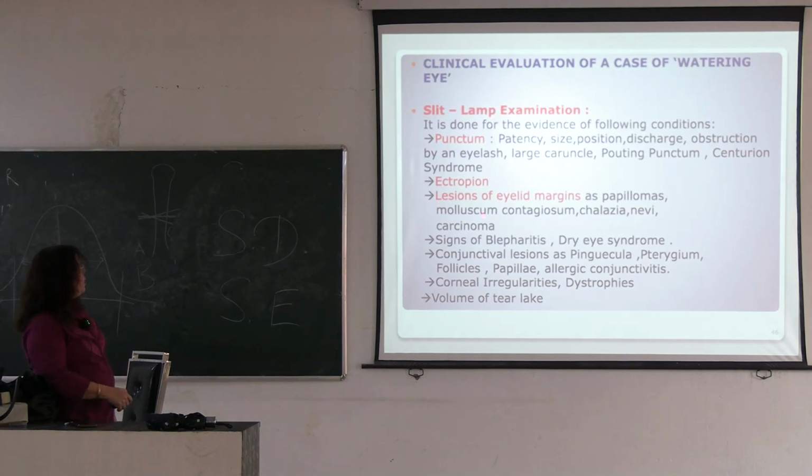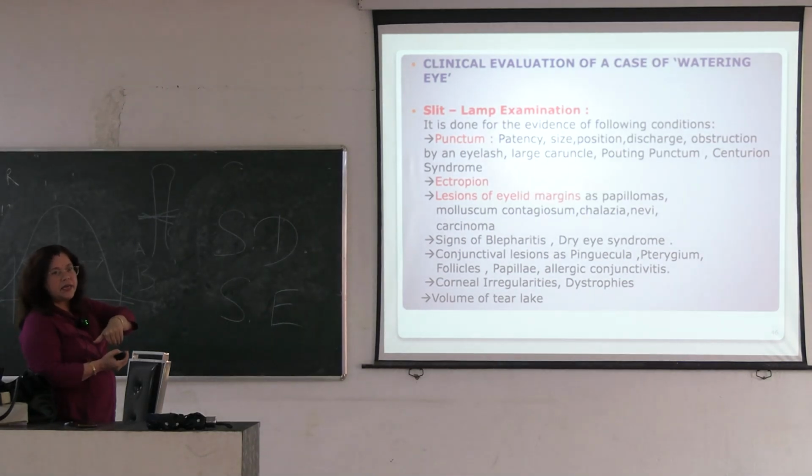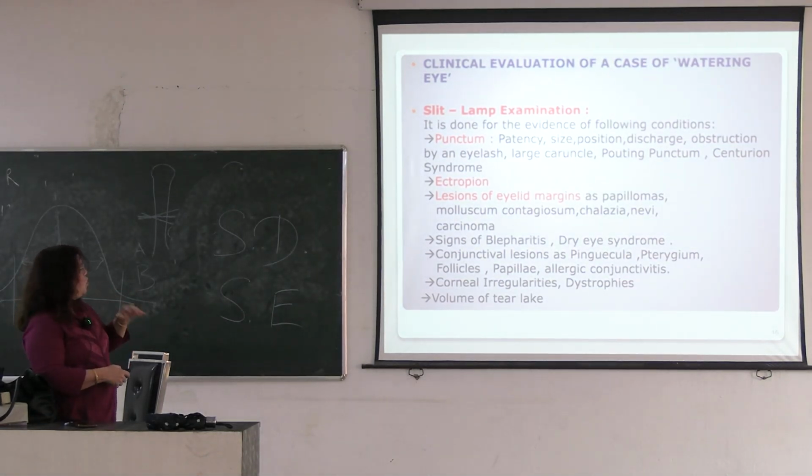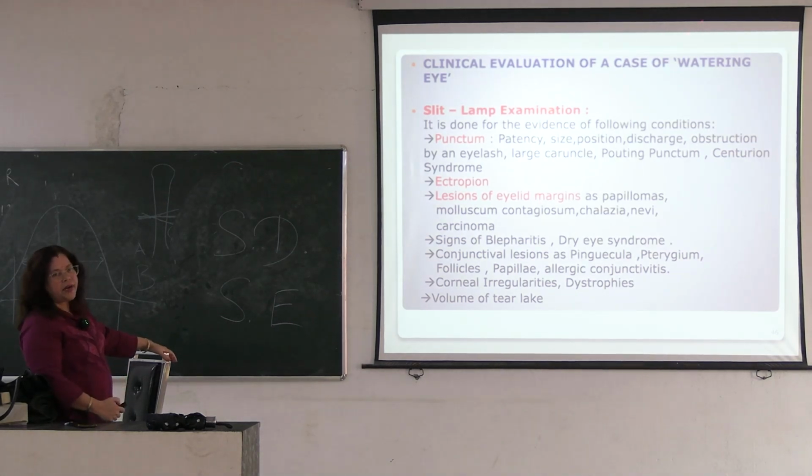And ectropion. Ectropion is the outward turning of the eyelid, that causes eversion of the puncta and causes watering. And there may be blepharitis. Blepharitis is the inflammation of the lid margin.